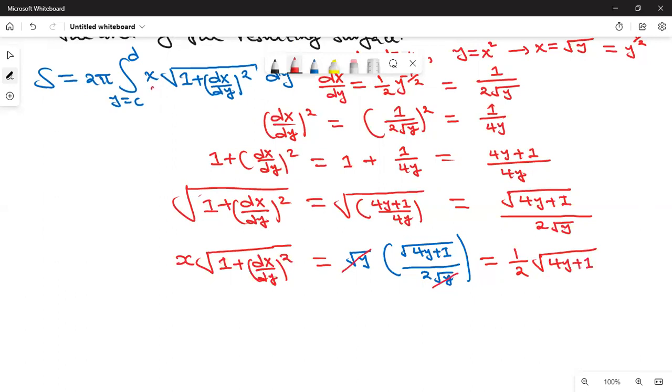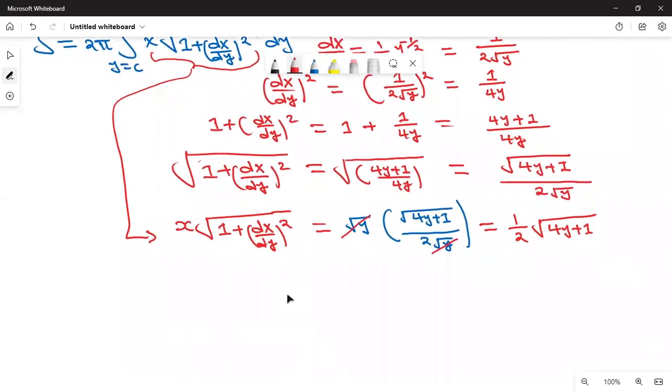So instead of the whole of this one, we are going to replace it by the answer that we have found here. So that's what we now integrate with respect to y to get the area of the surface of revolution.